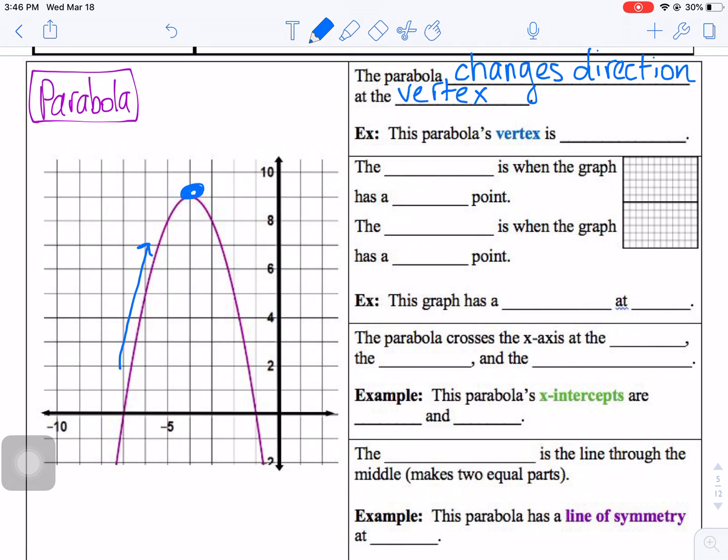We reach our change of direction point, and then we start decreasing. This point at the top in blue is called our vertex. It's the point where your parabola changes direction.